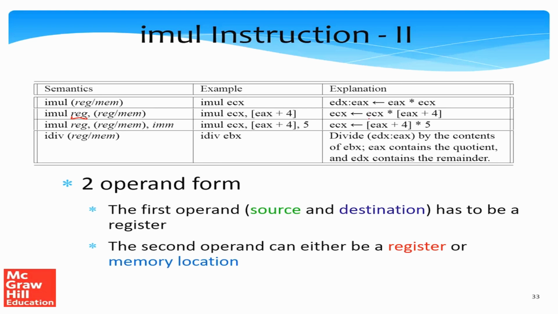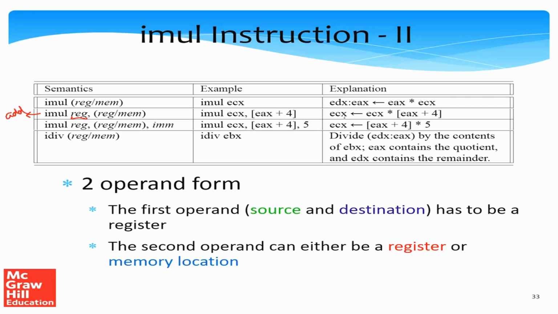In this case, we don't save a 64-bit product. Rather, we treat it as an absolutely regular instruction, similar to add and subtract and so on, right? So we'll just set ECX as ECX times [EAX plus 4]. If there is an overflow, the overflow flag will be set.